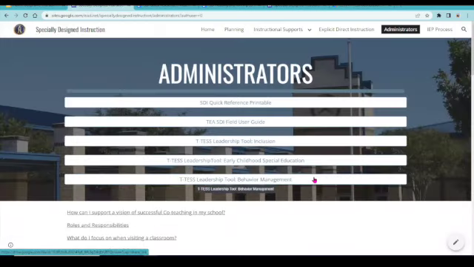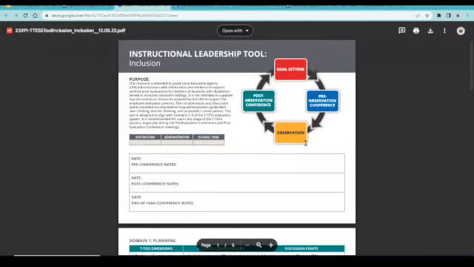Also available are links to the TEA T-Test Leadership Tools, which supports administrators in the evaluation process of special educators.